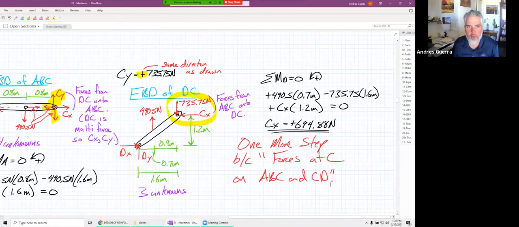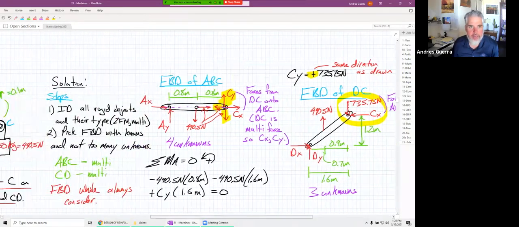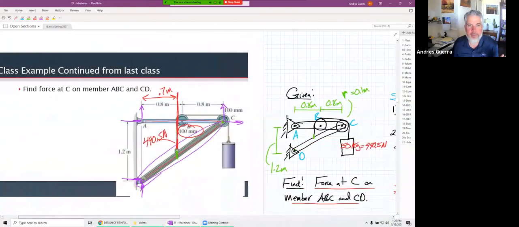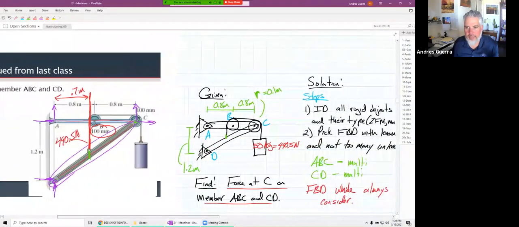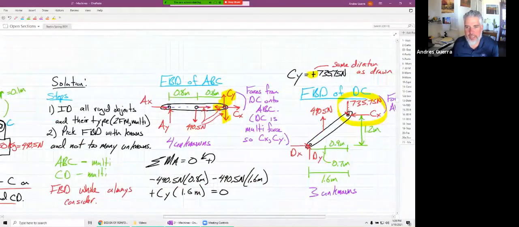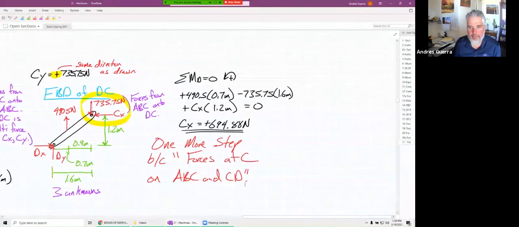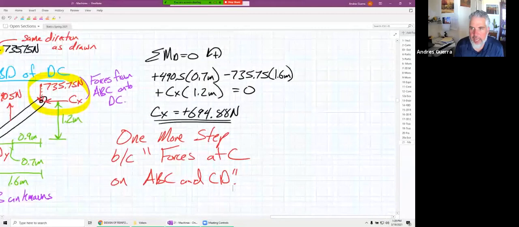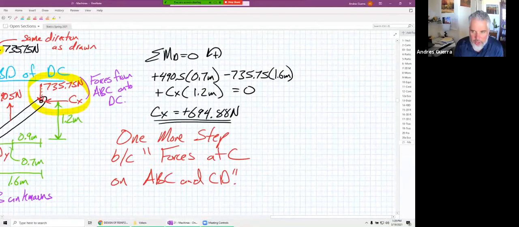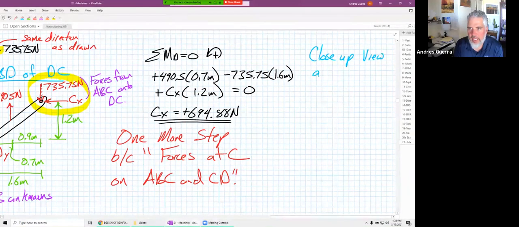Because of the way they worded that, on member ABC and on C to D, we have this one more step, and that's to take a close-up view at C on both of these members.